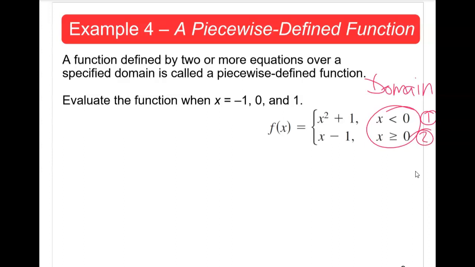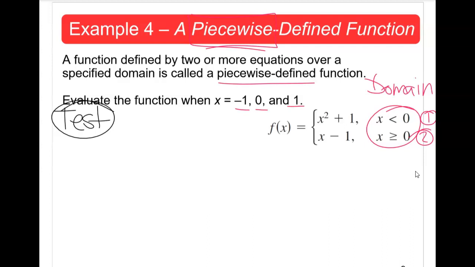So because of that, we call it a piecewise function. So we have to, in this case, evaluate the function when x equals -1, 0, and 1. So what we're going to do, and for sure you will have a question like this on your test, so please pay attention, and since you have an open book or open notes test, you could always refer to this example.